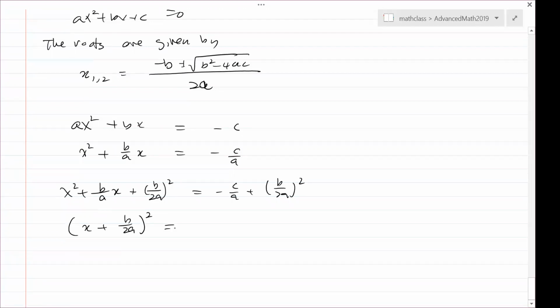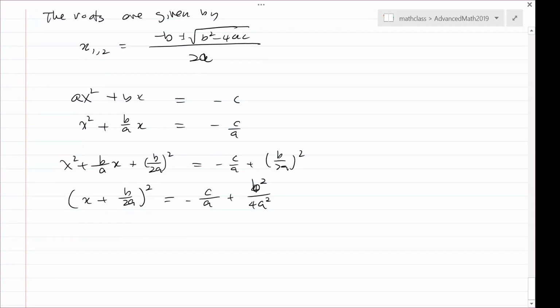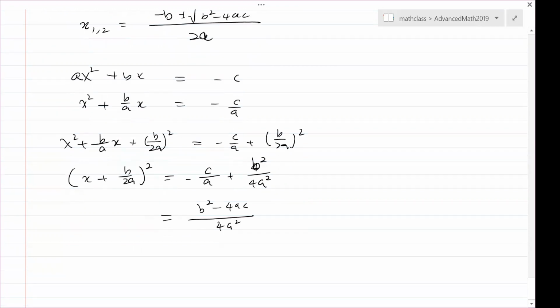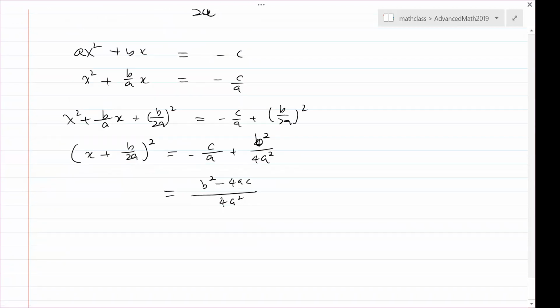Okay, so that, and on the right-hand side, this is b squared over 4a squared. Can we combine them into one term? I think we can do that. So you end up with b squared minus 4ac. Believe it or not, this is where it's from, b squared minus 4ac.